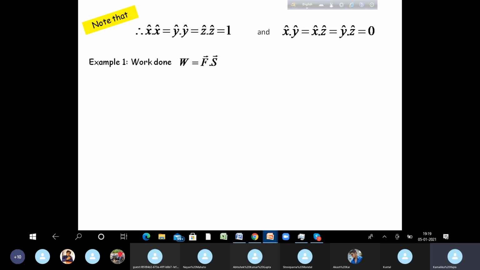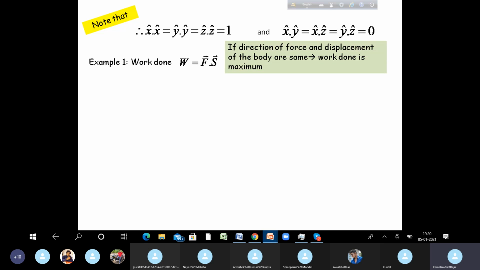Okay. Example of dot product, you all have faced this earlier: work done. Work done is the dot product of force and displacement. So if the direction of force and displacement of the body are the same, we know that work done is maximum. F dot S will become just the product of the magnitudes of F and S, because cos theta becomes 1.